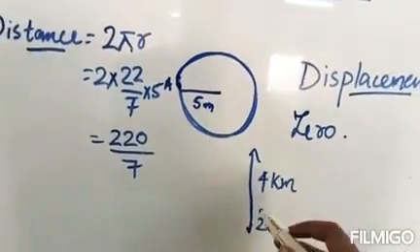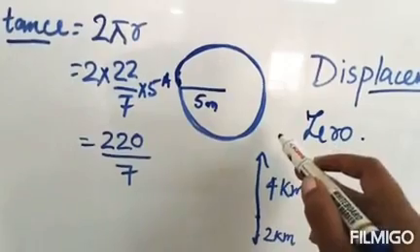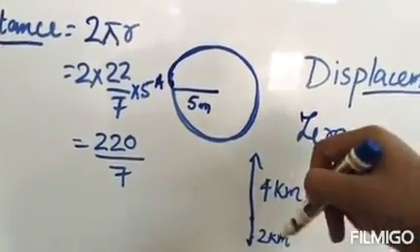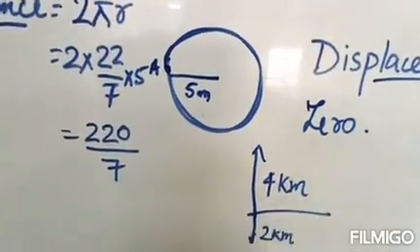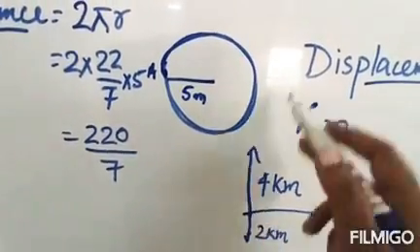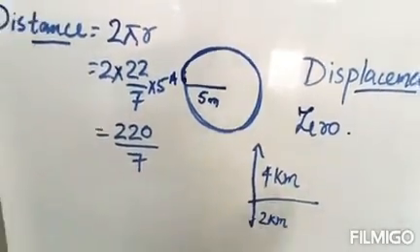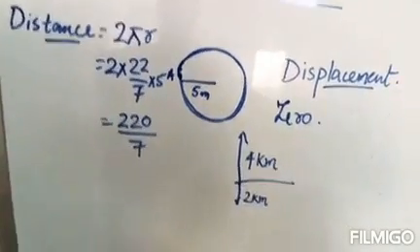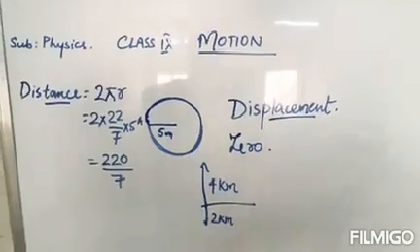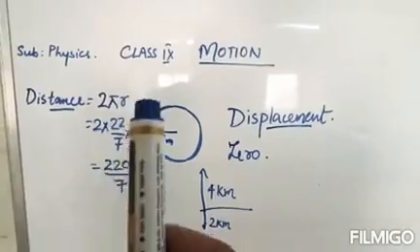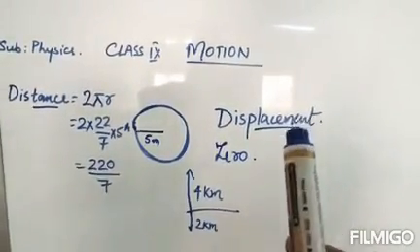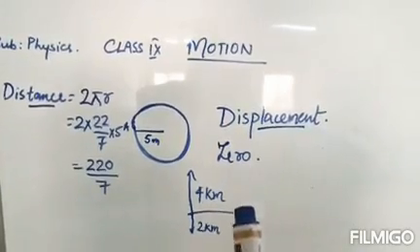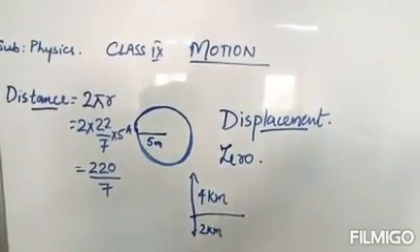As he is moving in north direction, he is changing his direction and moving to the south, which means it can be negative also, because opposite direction. We can conclude that distance will always be positive and displacement can be positive, negative as well as zero also.